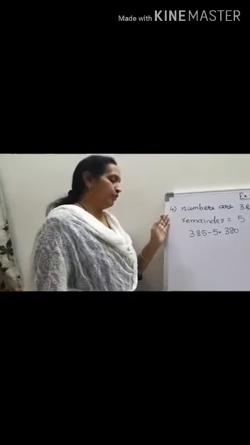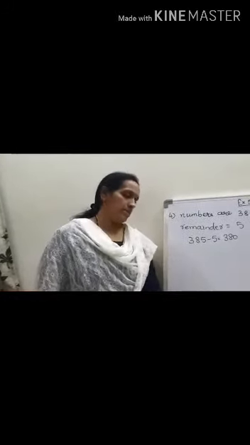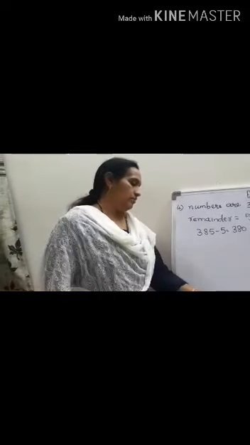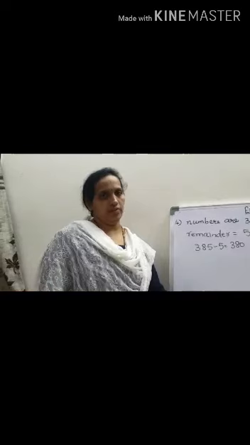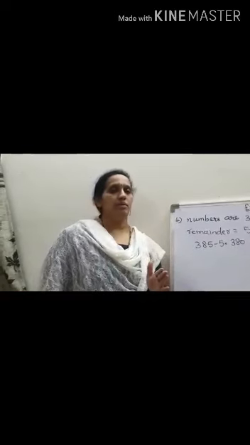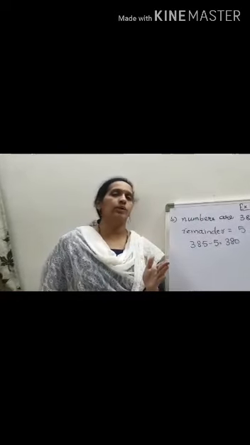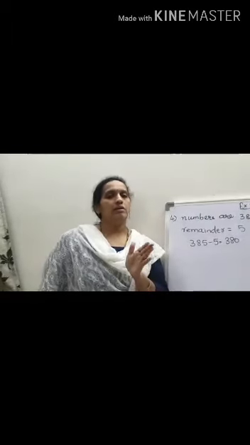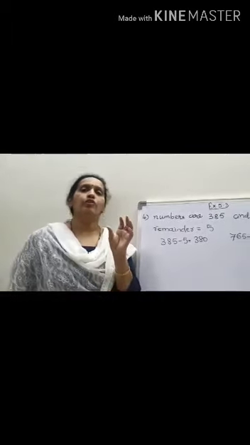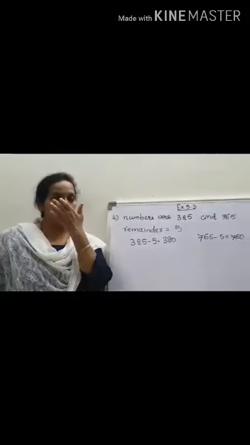Now we'll go to the fourth sum. Find the largest number that divides 385 and 765, leaving a remainder of 5. Children, here the largest number divides the given numbers leaving a remainder of 5. That means you have to find the highest common factor.